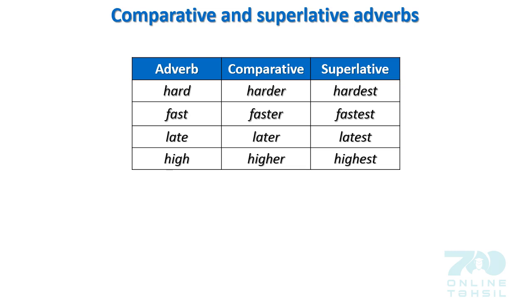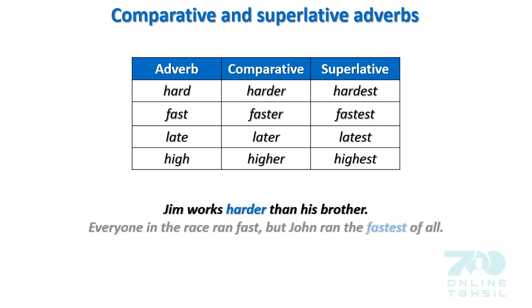Adverb: hard, comparative: harder, superlative: hardest. Fast, faster, fastest. Late, later, latest. High, higher, highest. Examples: Jim works harder than his brother. Everyone in the race ran fast, but John ran the fastest of all.